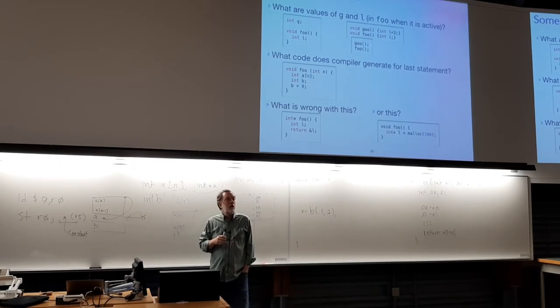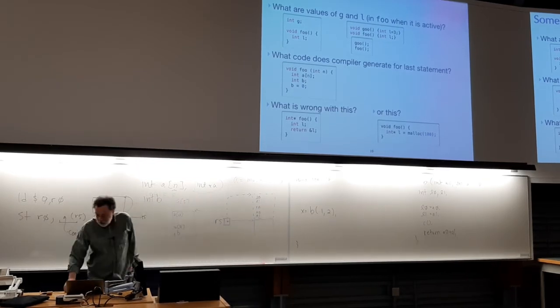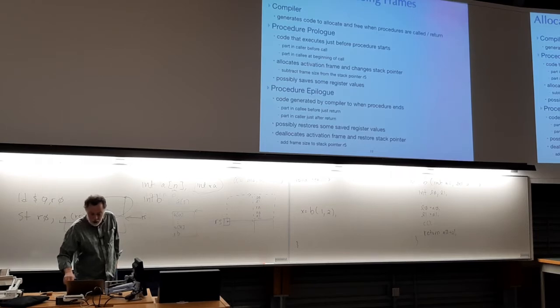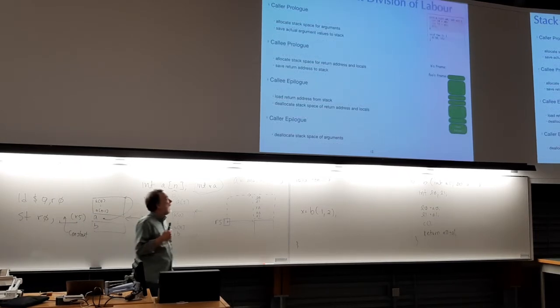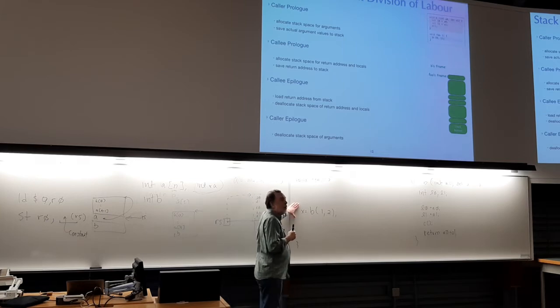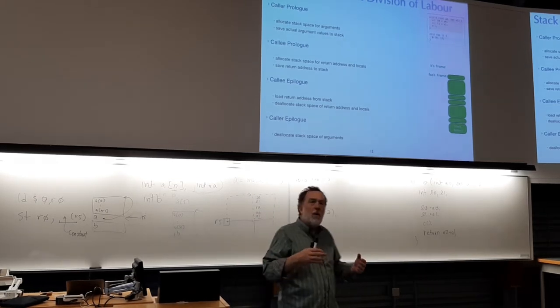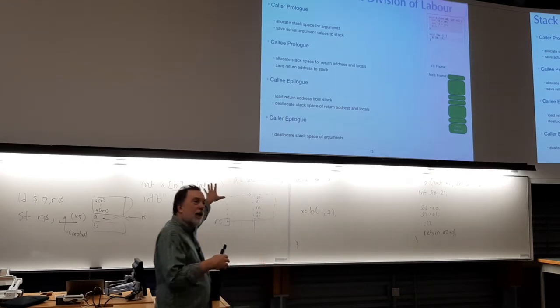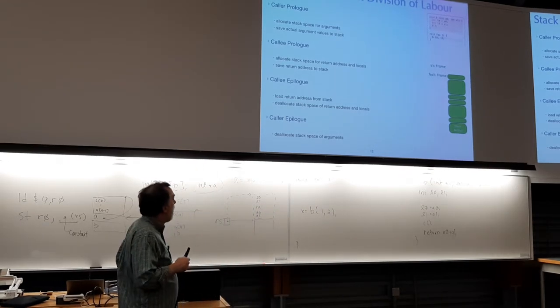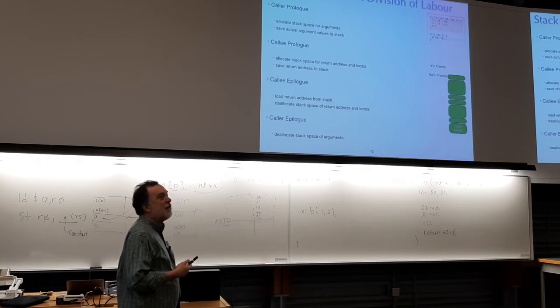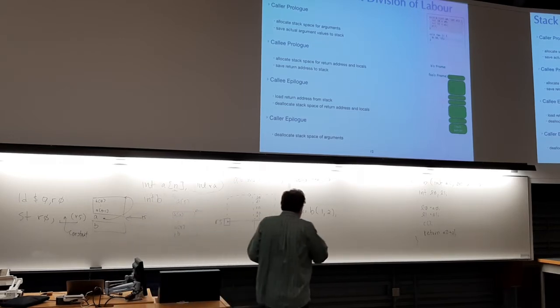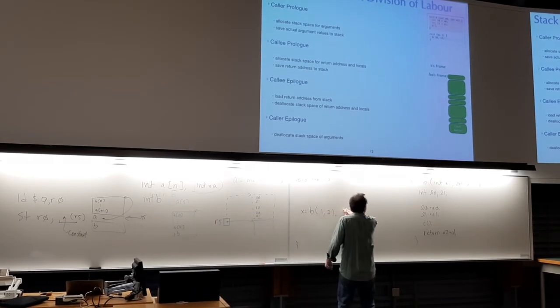Other questions? Okay, so now let's turn to what the compiler does to implement this call. And what we know from what we were talking about earlier today, Monday, is that there's a set of things that have to happen. So one thing that has to happen is the control flow.